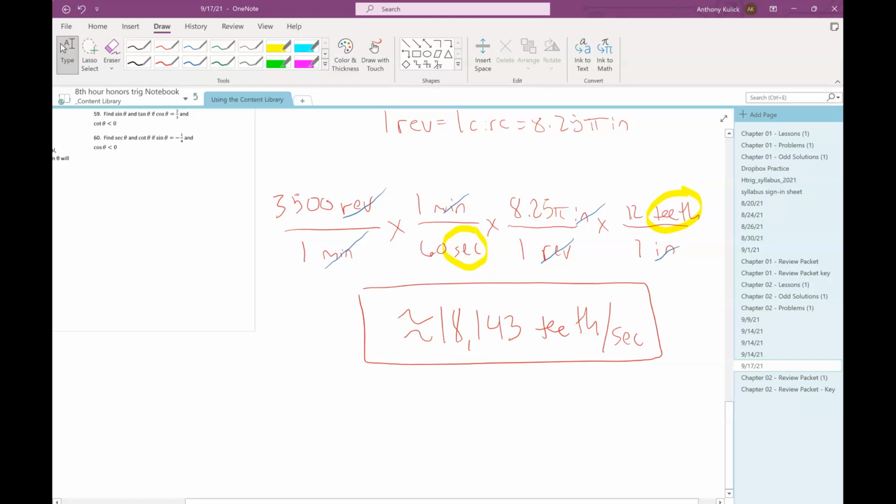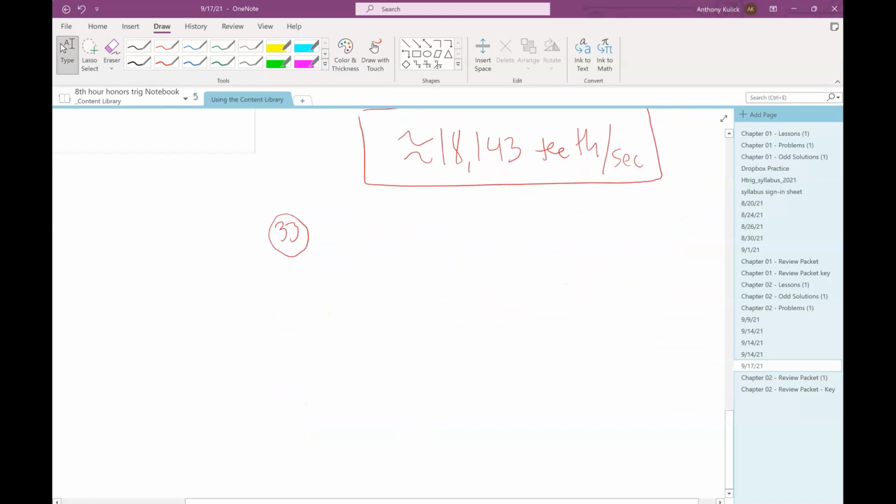33, you say? Sure. So 33 says find the exact value without using your calculator. Okay.